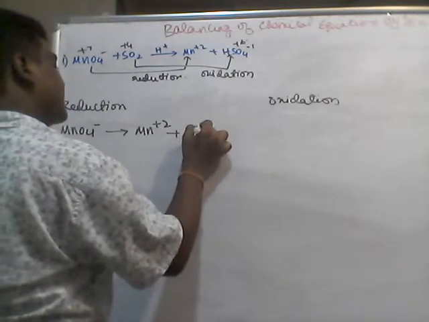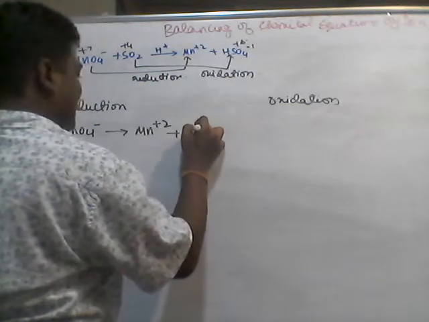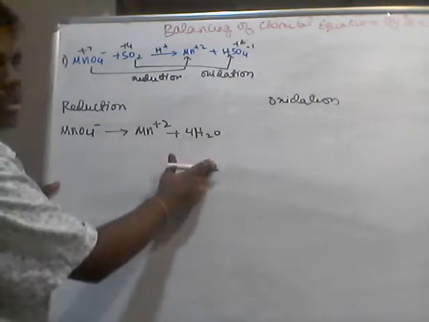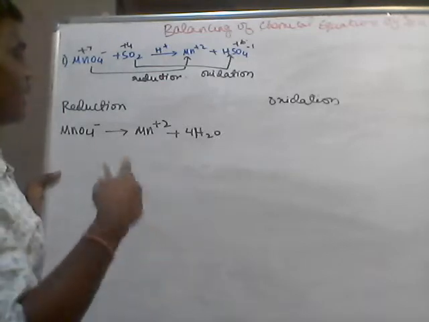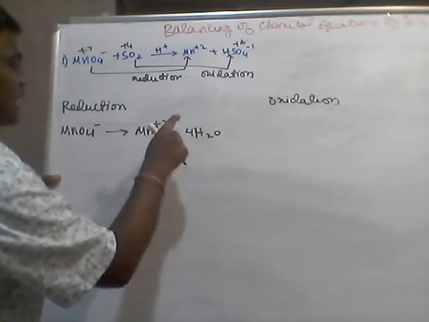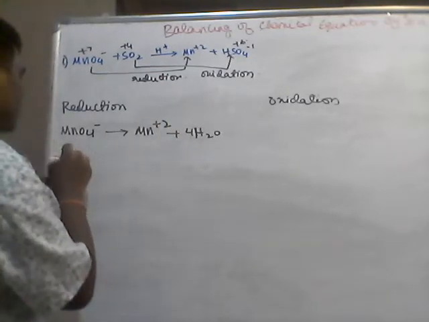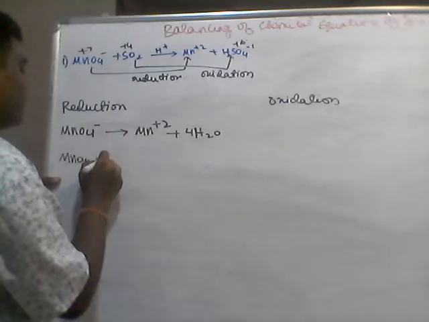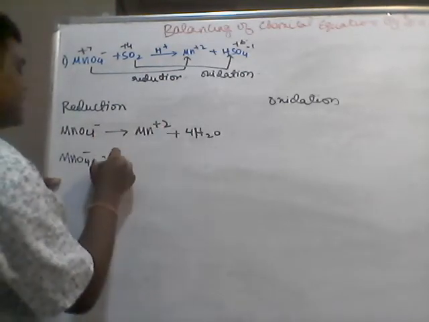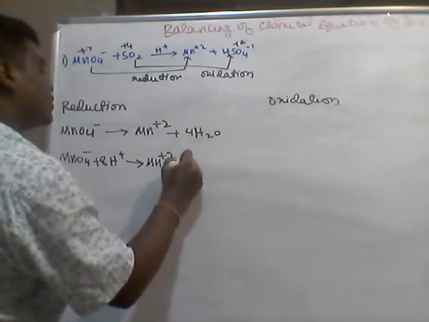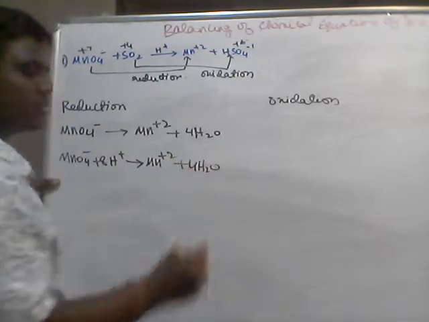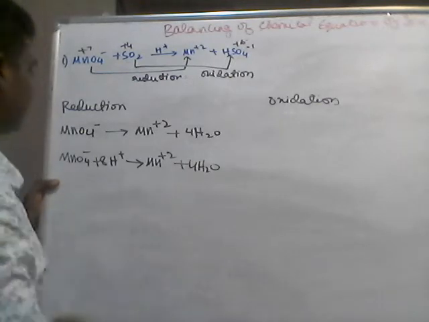So for balancing, I am adding 4H2O on the lacking side. Next, oxygen is balanced. Coming to H plus, 4 2s are 8, so 8 hydrogens are required. MnO4 minus plus 8H plus gives Mn plus 2 plus 4H2O. Done. Hydrogen is also balanced.